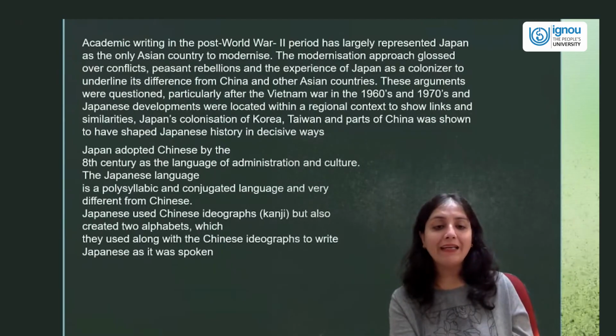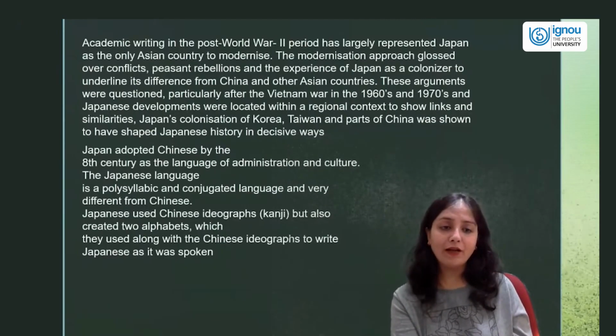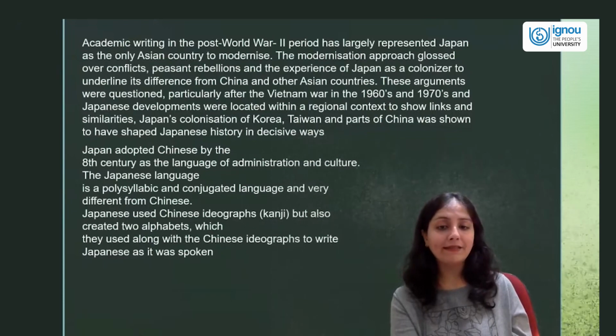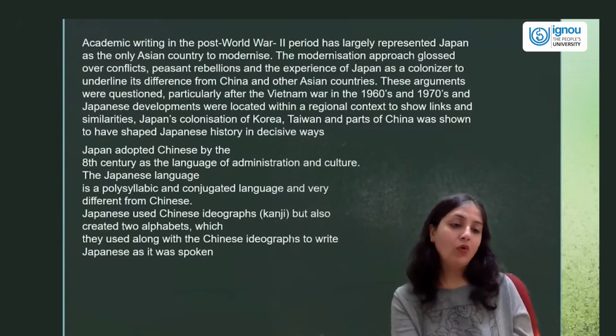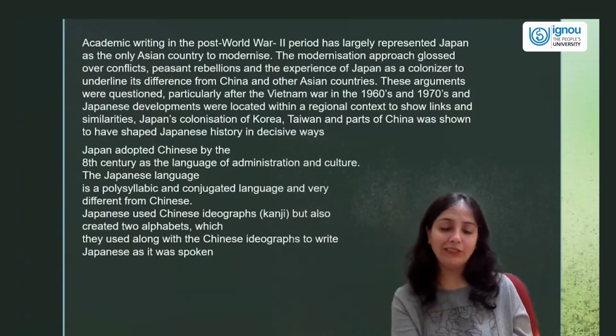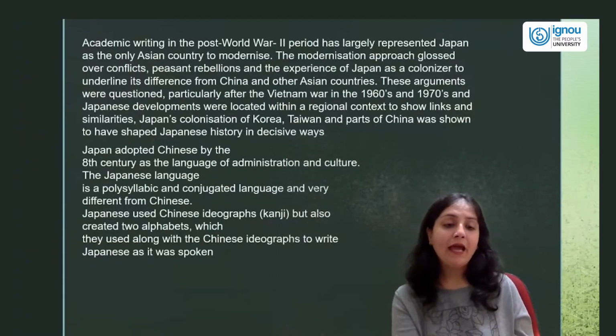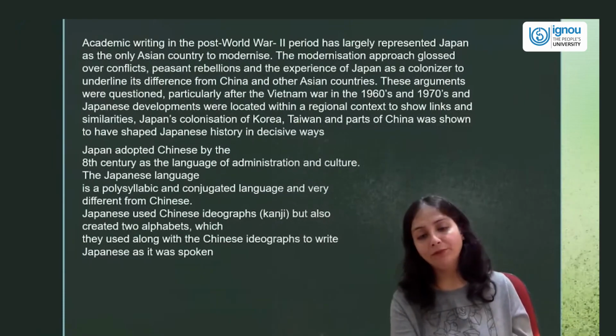Japanese used Chinese ideographs, meaning kanji, but also created two alphabets which they used along with the Chinese ideographs to write Japanese as it was spoken.